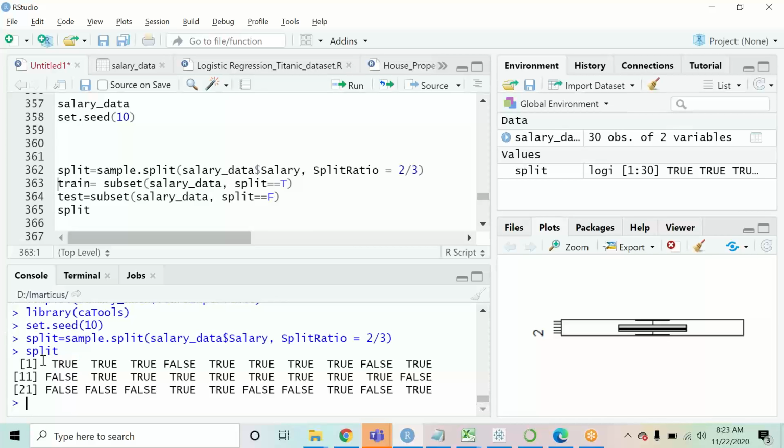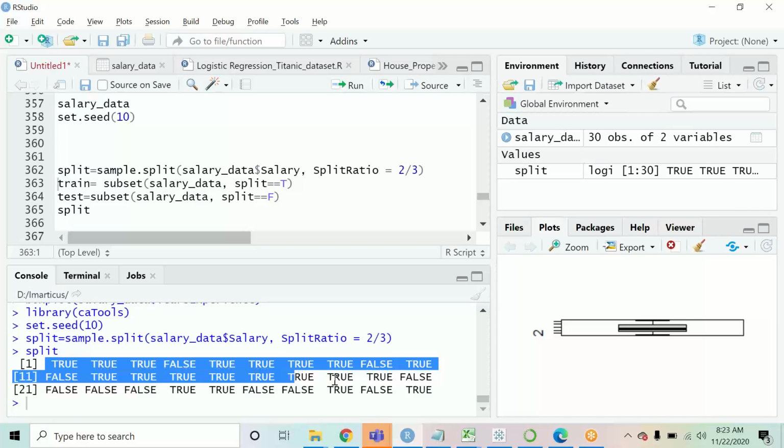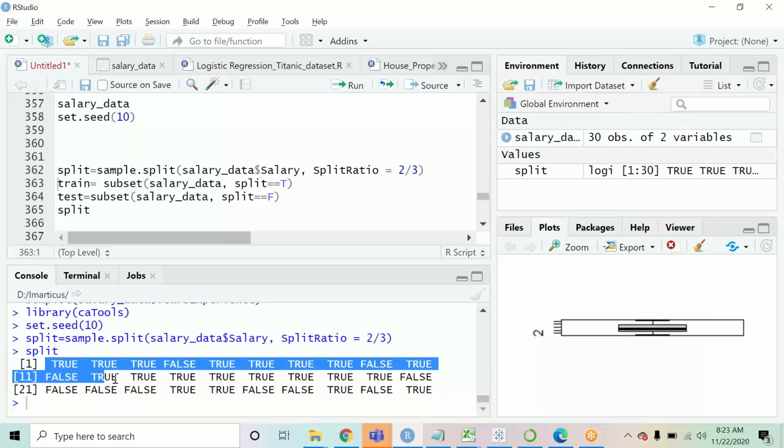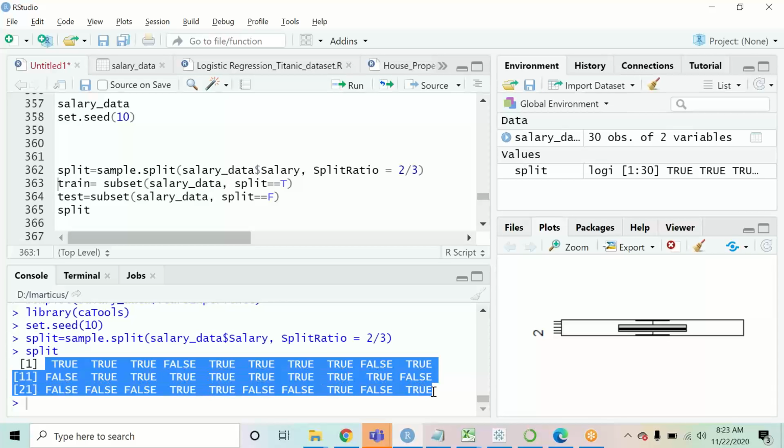So what do we call this? These numbers that right now I am getting, in what format am I getting these numbers? That is the data type, right?